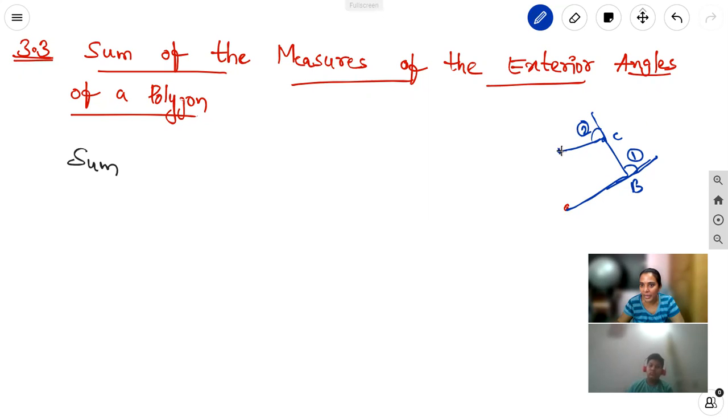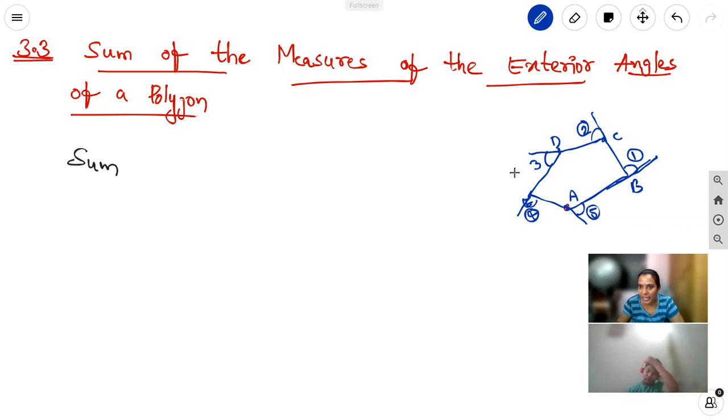Again we go forward and take a turn through angle 3, and we reach up to E. Then again we turn at angle 4 and here join with A. Here at A the angle is 5.